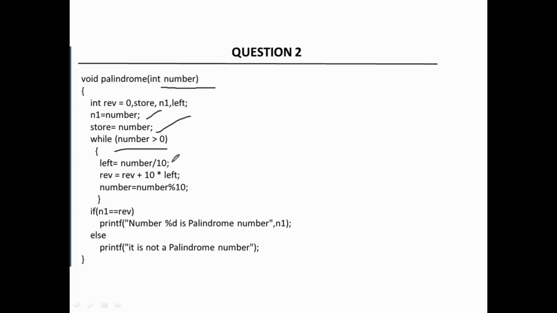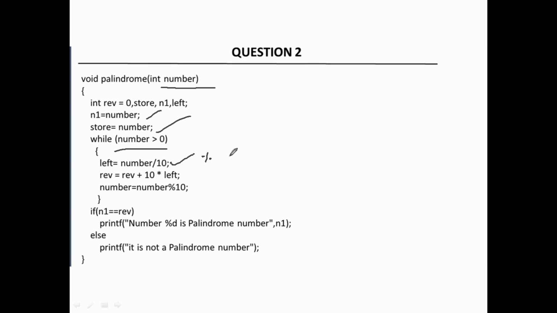Here we are retrieving the last digit. Is it correct? For retrieving the last digit, what should we use? Very good. Num modulus division of 10. Once again here the modulus division operator.